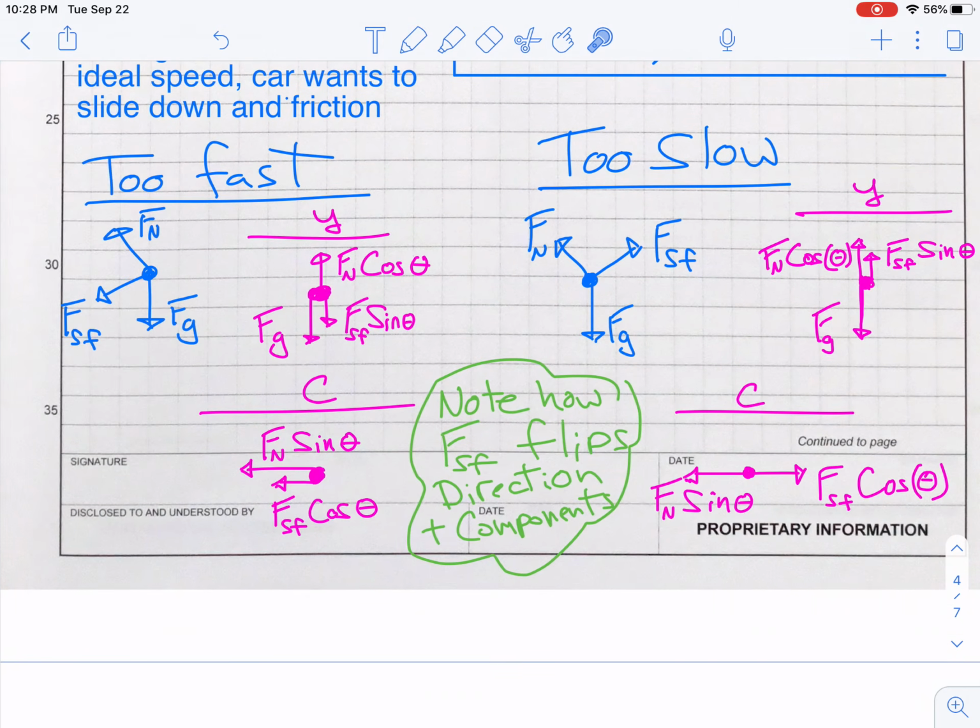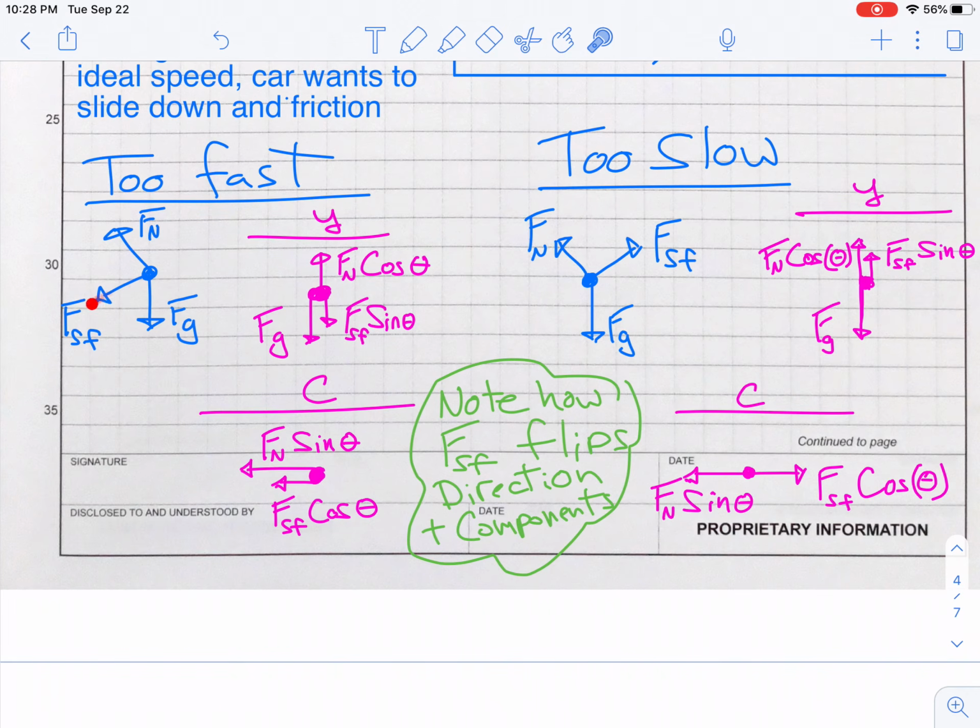So all I did here was show you the free body diagrams, and based on those, you should be able to figure out your sigma F equals ma and deal with whatever problems you might have. The note here is just about how static friction flips direction when you go from too fast to too slow, and the components are going to flip, right?